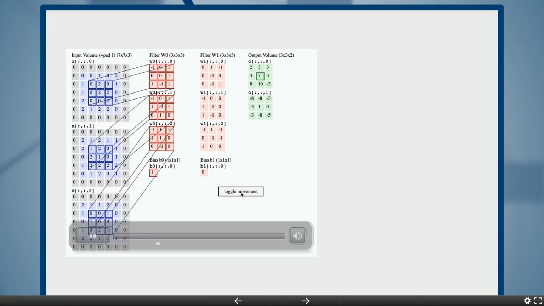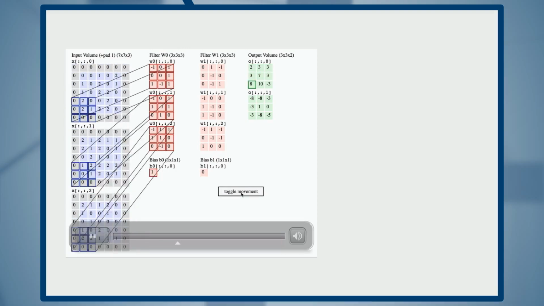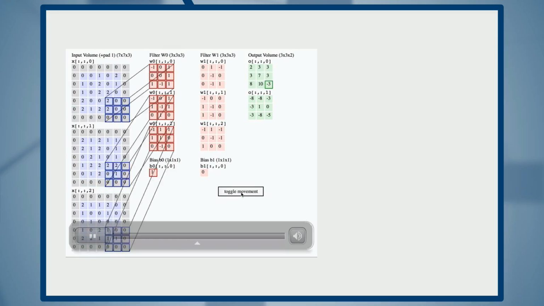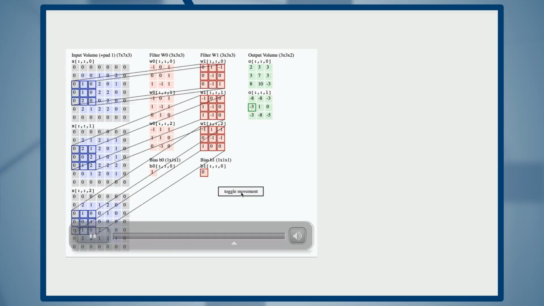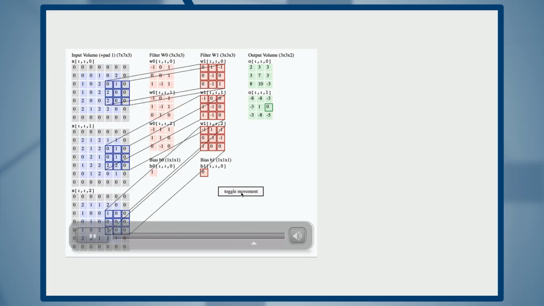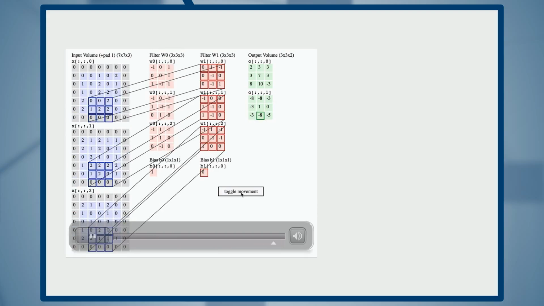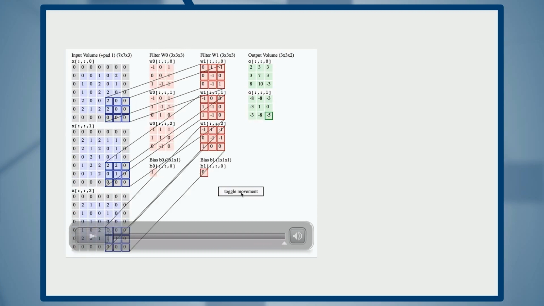We have 2 filters here. They're both 3 by 3 by 3, and you notice again that the filters extend for the full depth of the input. And that's going to produce an output volume of 3 by 3 by 2. Since we have 2 of the filters, that's why we're going to end up with a depth of 2. Notice as well that each individual filter has its own bias unit. So again, we are introducing bias for each filter.